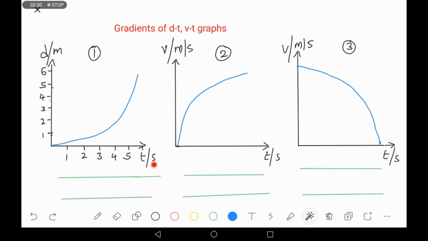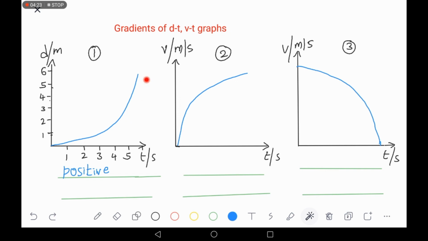Here, the first thing we have to identify is whether this gradient is positive or negative. As the graph line is increasing, it is showing an inclined trend, so it's positive. And since it is a curve, it's a non-uniform gradient, so we have to check whether it is increasing or decreasing.